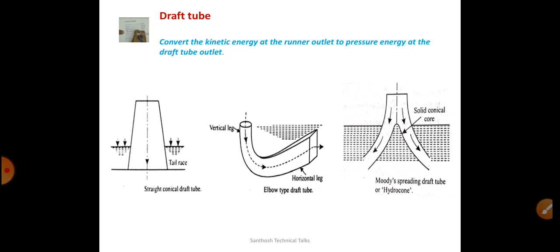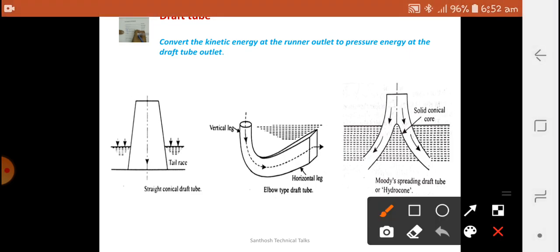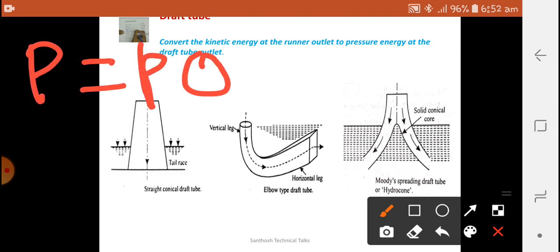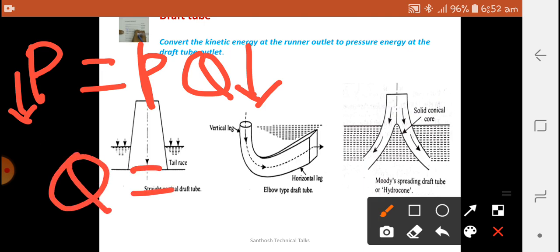For your information, I would like to give this in detail. We know that power is equal to pressure into discharge. Therefore, if discharge is reduced, power is reduced, whereas the discharge is equal to area into velocity.